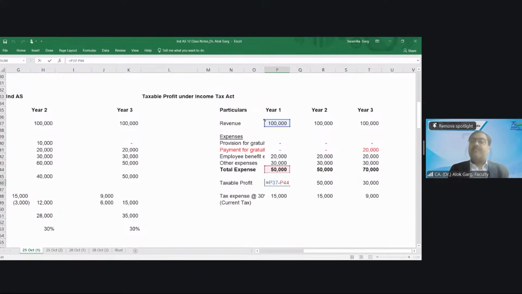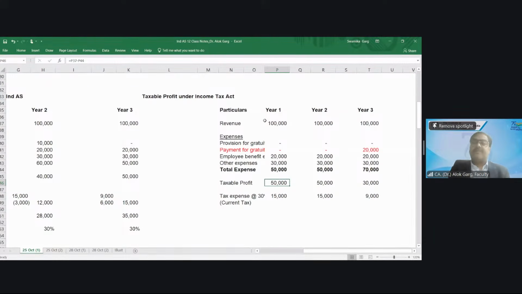In income tax, what is your profit? 50,000. In the company's books, what was the profit for the first year? 40,000. So in your company's books, as per Companies Act, profit was 40,000. In the Income Tax Act, the profit is 50,000.